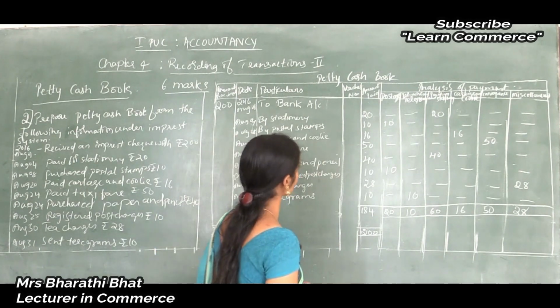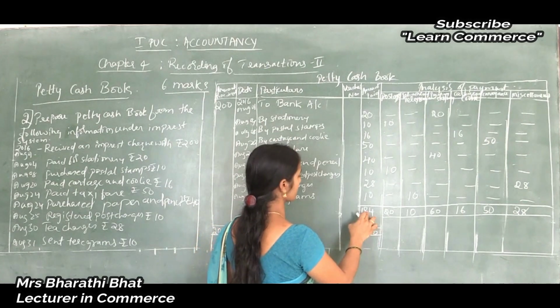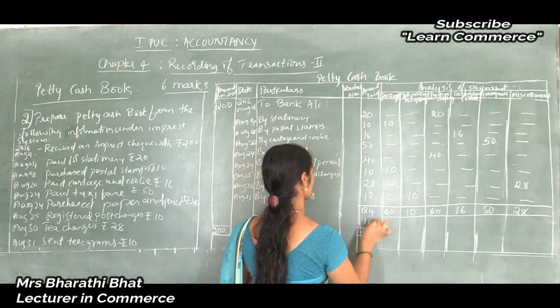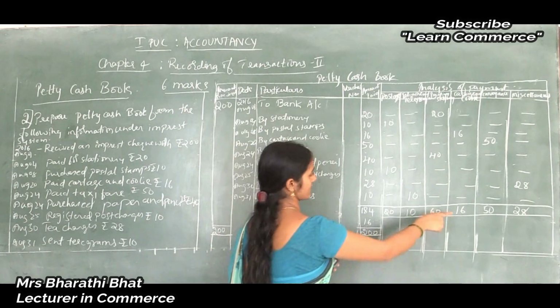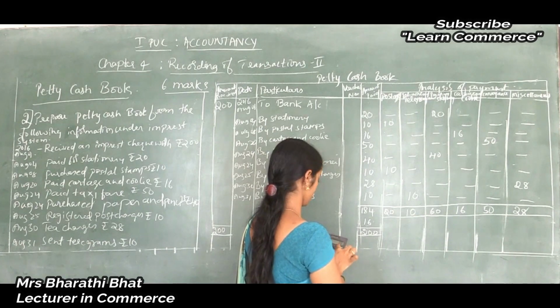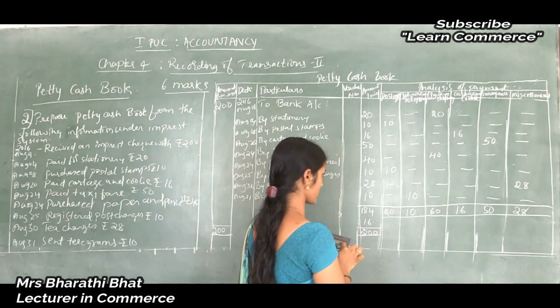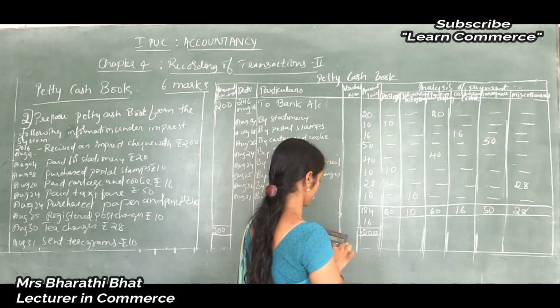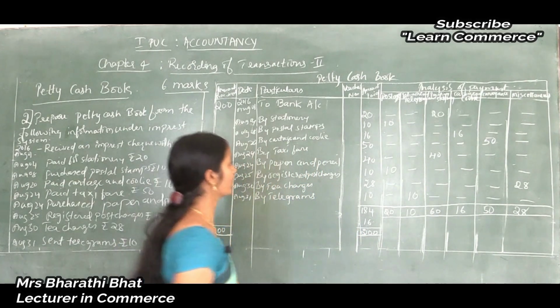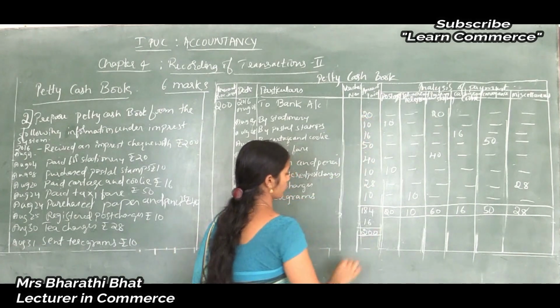So 200 minus 184, 16. Just count here also: 20 plus 10, 60, 16, 50, 28, 184. 184 equals this total, 184, 16.